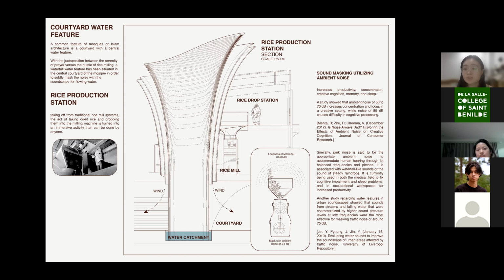So we wanted to incorporate the same traditional idea, but enhance it in a way that it serves an additional purpose, because rice production is usually very noisy. So sound masking using ambient noise such as water can be incorporated through this system.